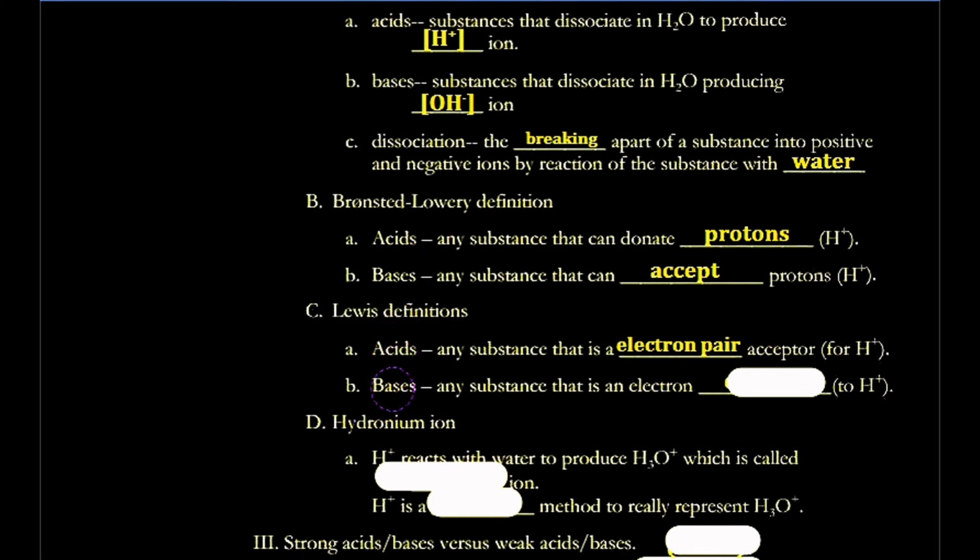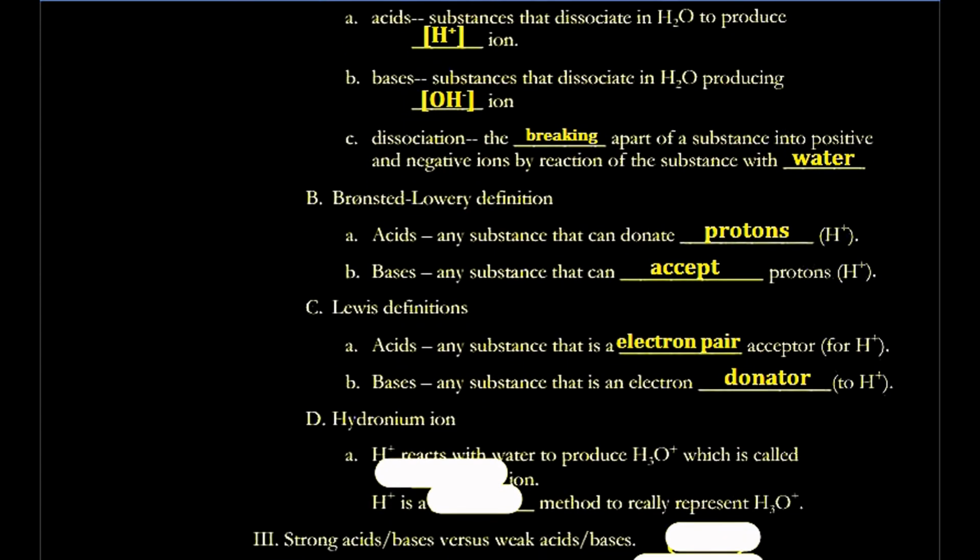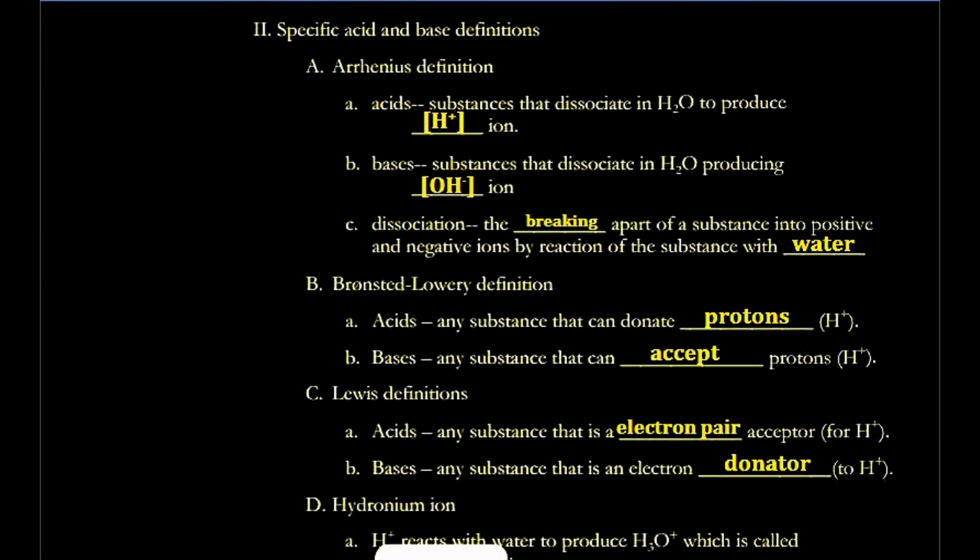If you accept the electron pair, if you take it from someone else, you're the acid. And if you donate the electron pair, then you are a base. And those are our three definitions: the Arrhenius definition, the Bronsted-Lowry definition, and the Lewis definition.